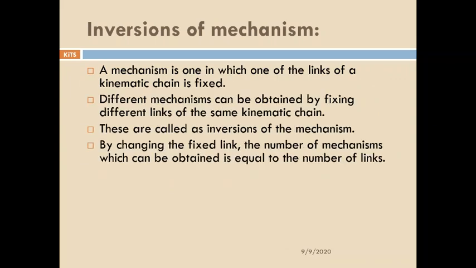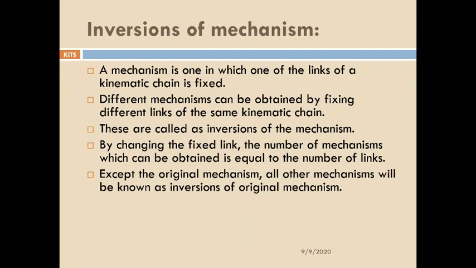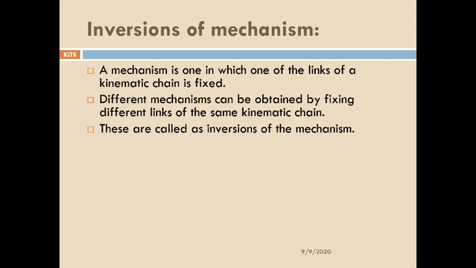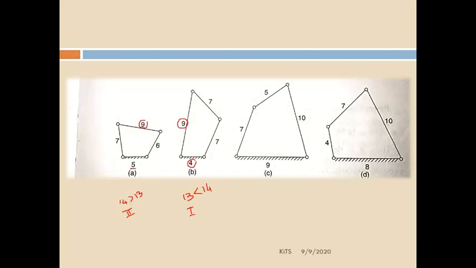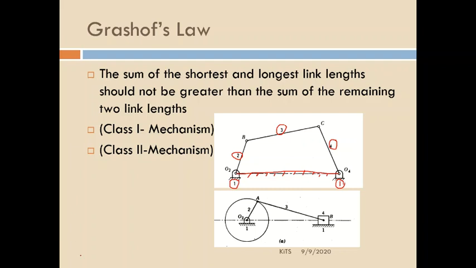Next topic, inversion of mechanism. Here we have a 4-bar chain mechanism. In this case, link 1 is the fixed link.